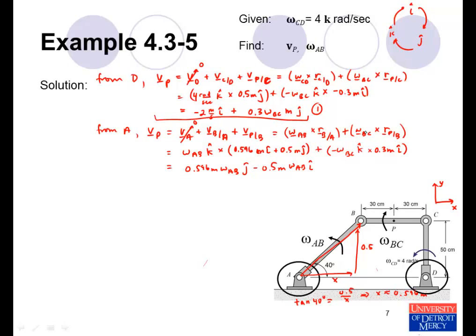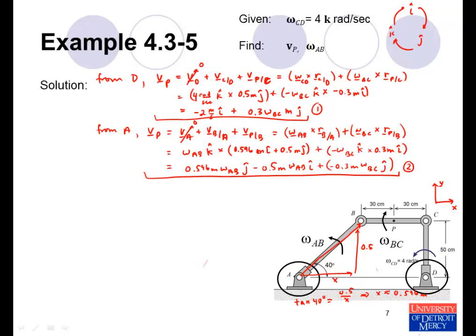Then we do our second cross product. We have negative omega BC times 0.3. We have k cross i, it's in the positive j. So this gives us our second relationship for VP.